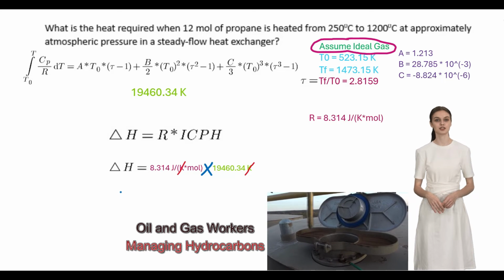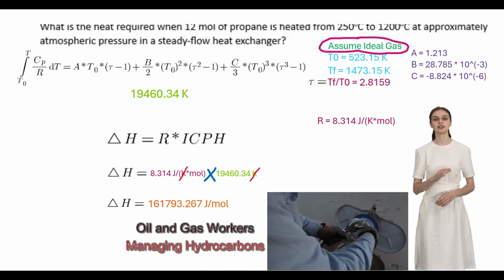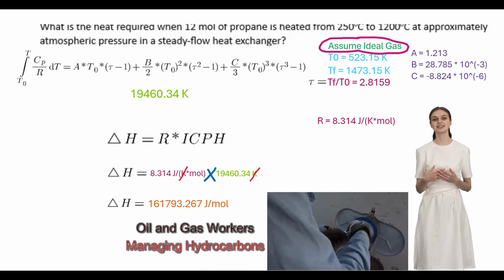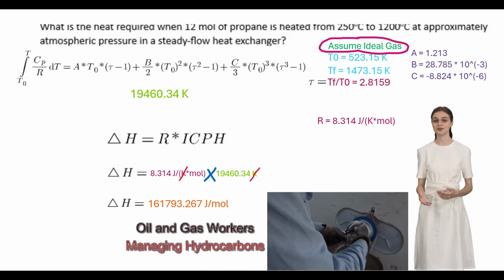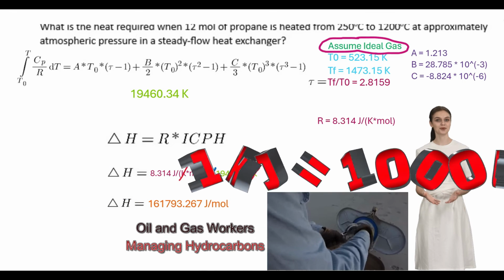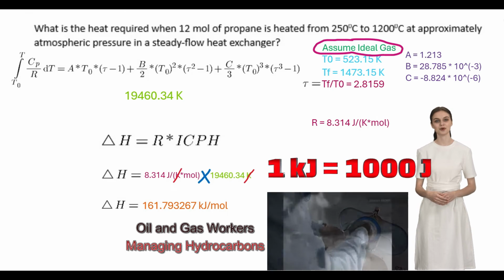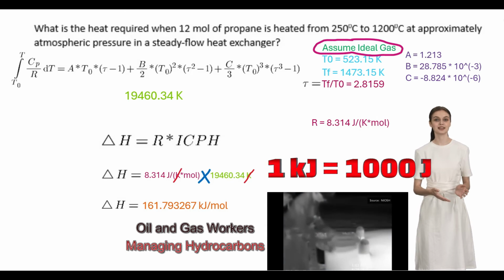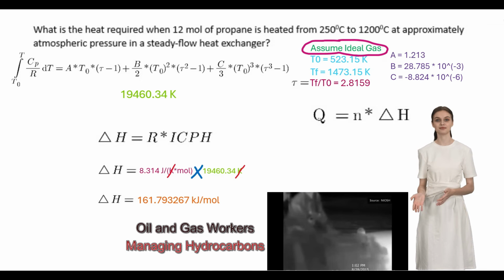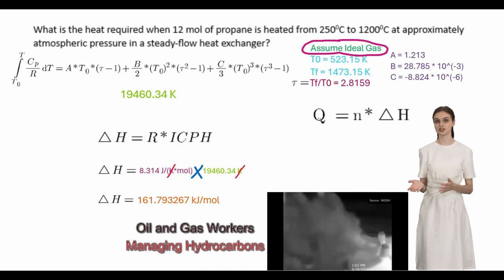Kelvin values cancel each other out. The change in enthalpy equals 161,793.267 joules per mole. The change in enthalpy also equals 161.793267 kilojoules per mole.